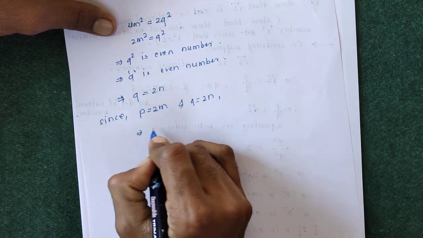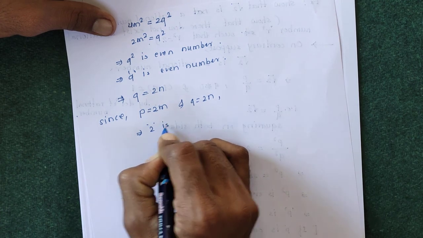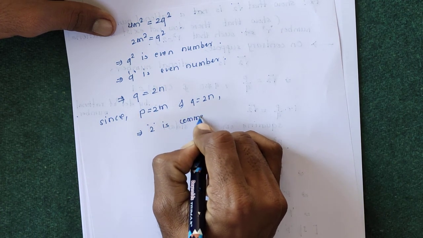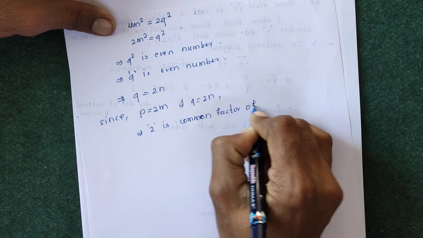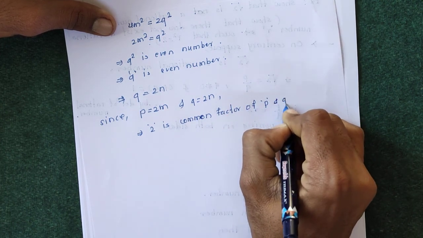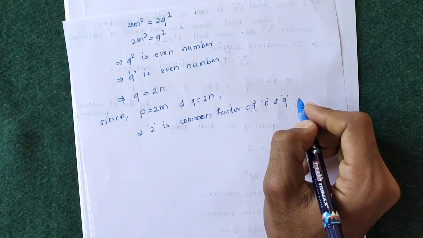This implies 2 is a common factor of both p and q.